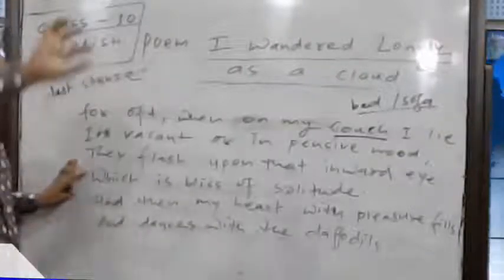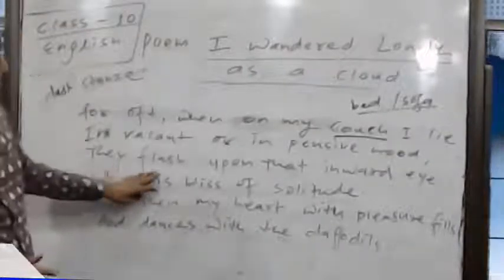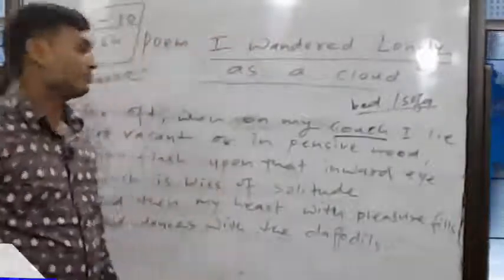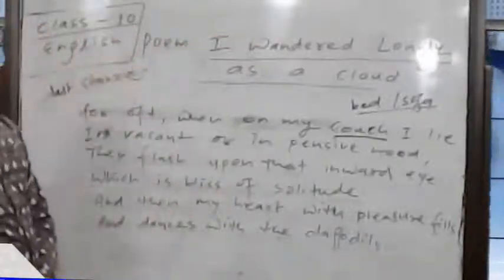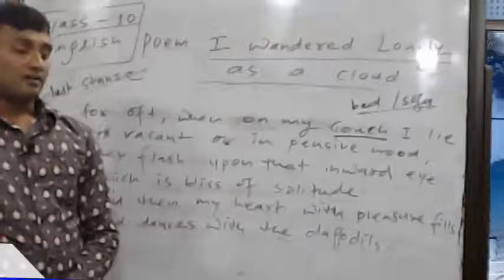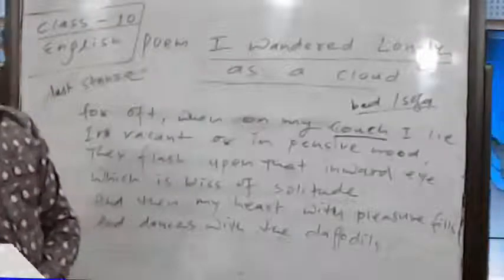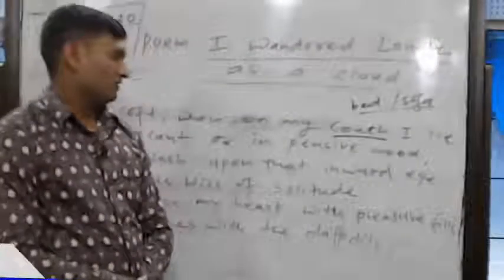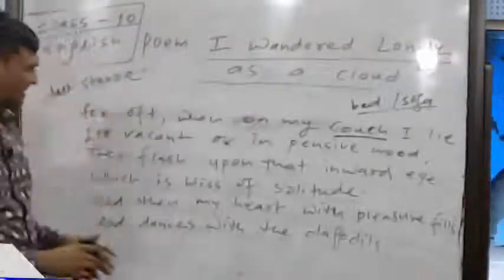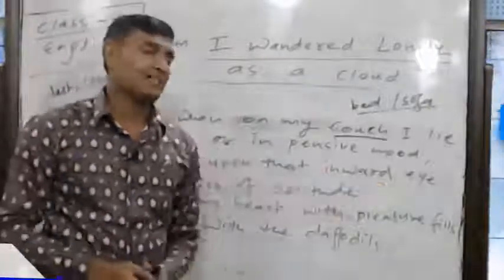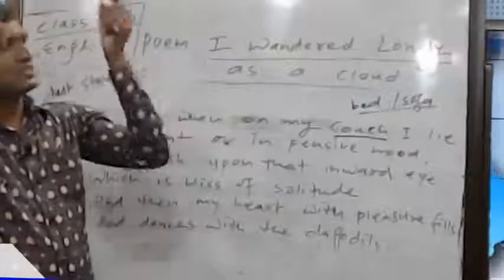It means all the scenes flash upon that inward eye. It means all the scenes of daffodils, all the scenes of the bay, of Glencoyne Bay, where so many heterogeneous daffodils are situated. All these scenes flash upon my inward eye. It means my eye is closed and all the scenes are coming.